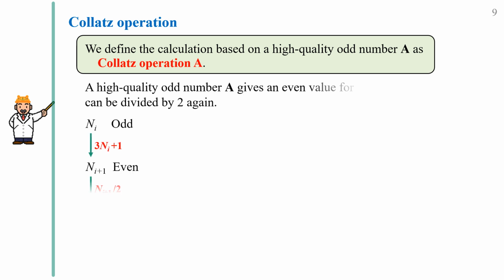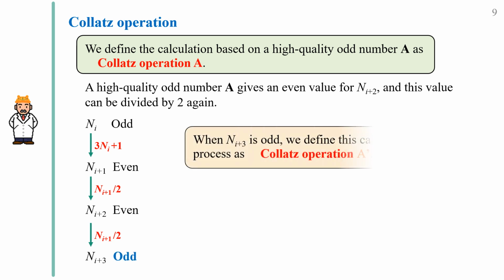A high-quality odd number, a, gives an even value for n_{i+2}, and this value can be divided by 2 again. The resulting value, n_{i+3}, becomes either even or odd. When this value is odd, I define this calculation process as Collatz operation a prime.